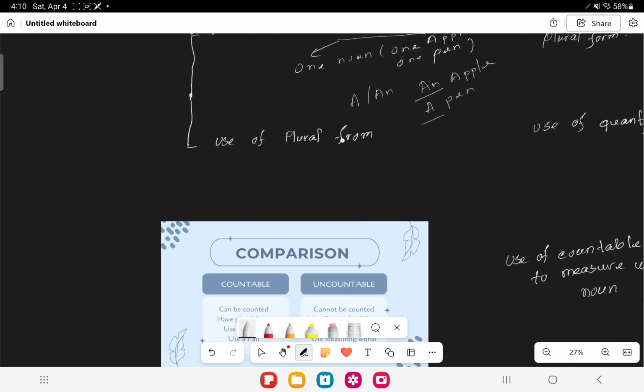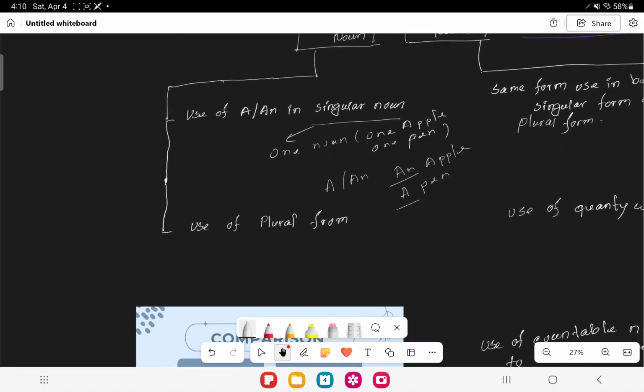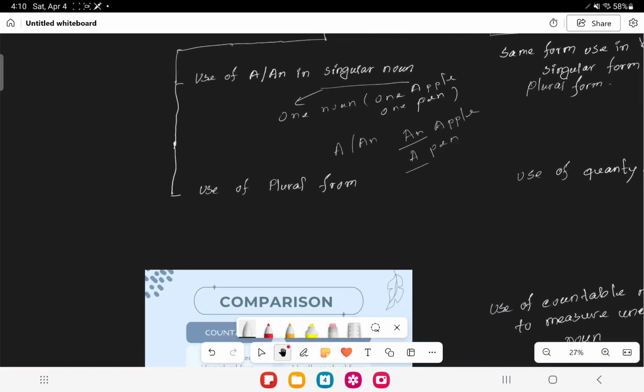Okay, then when we use the plural form of a countable noun, the noun changes a bit. One is a singular noun, and more than one is plural.